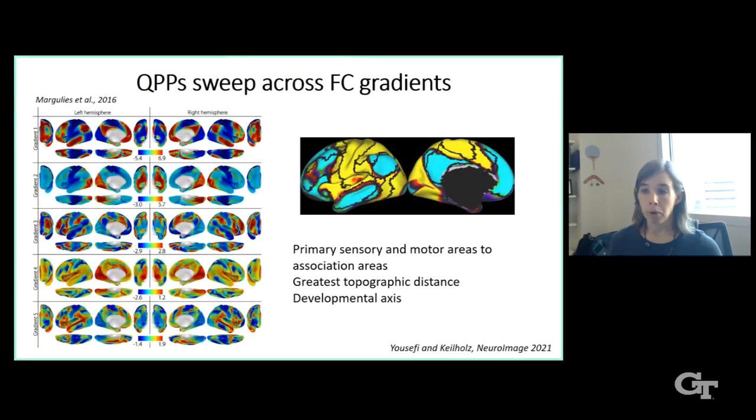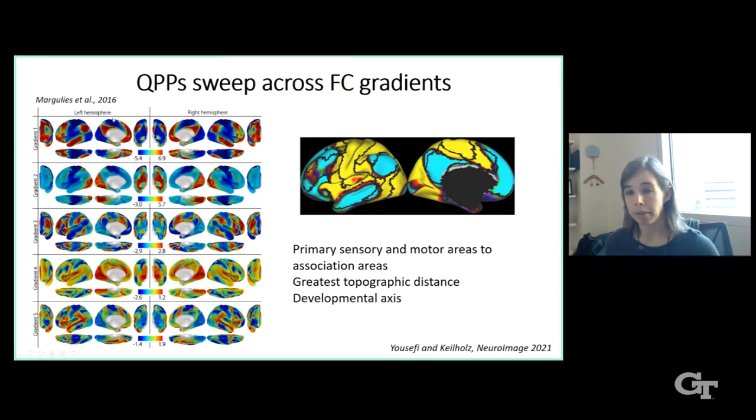So we found more evidence that these patterns are really interesting, and that comes from a study that defined something they called functional connectivity gradients in the brain. Basically, they looked at the functional connectivity of all these different areas and then arranged them by similarity using dimensionality reduction, so that areas that are highly similar are at one end of the axis in red, and areas that are completely dissimilar are at the other end of the axis in blue.